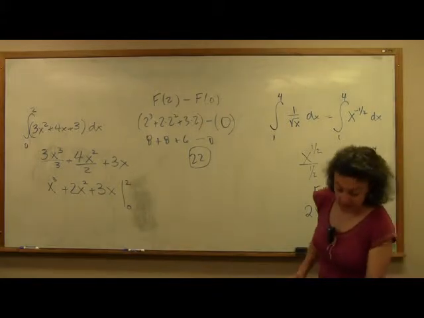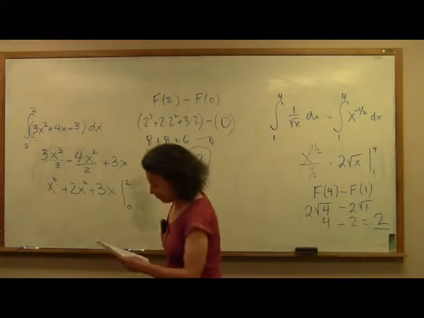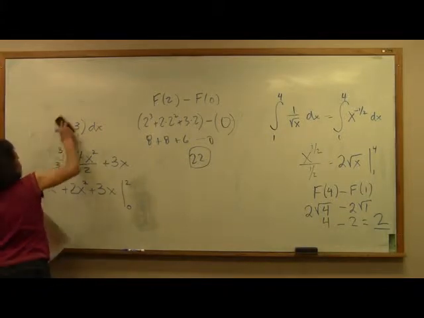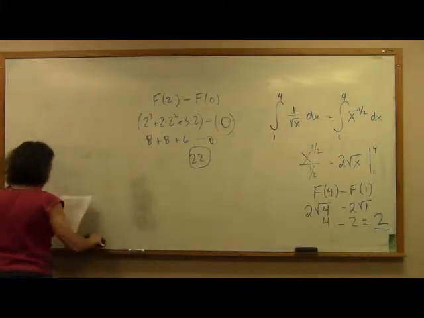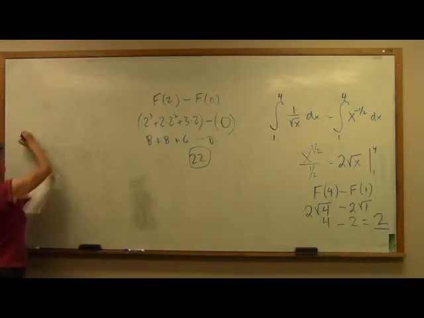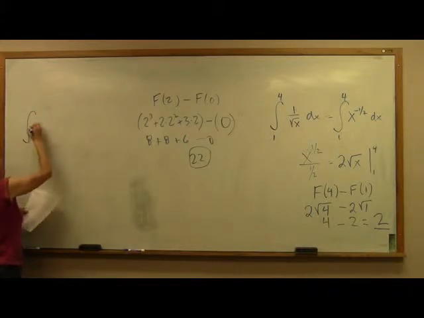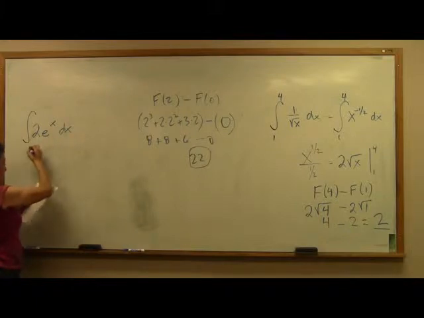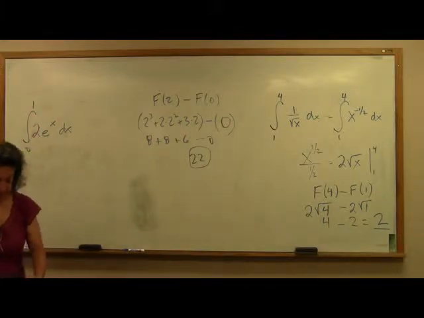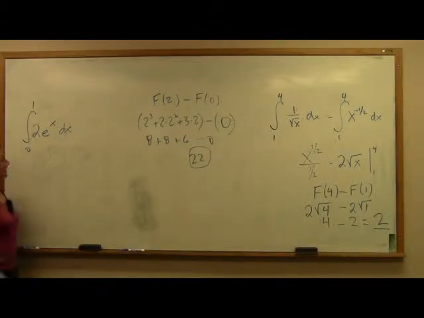All right, let's go through some more examples. What if I have the antiderivative of, how about 2e to the x, and we'll do that from 0 to 1. All right, so we're going to compute the antiderivative.